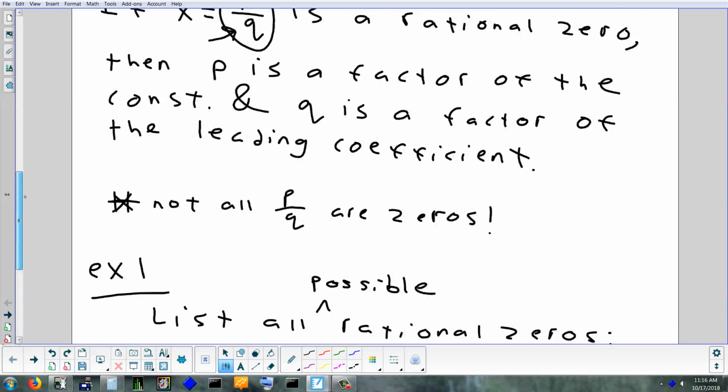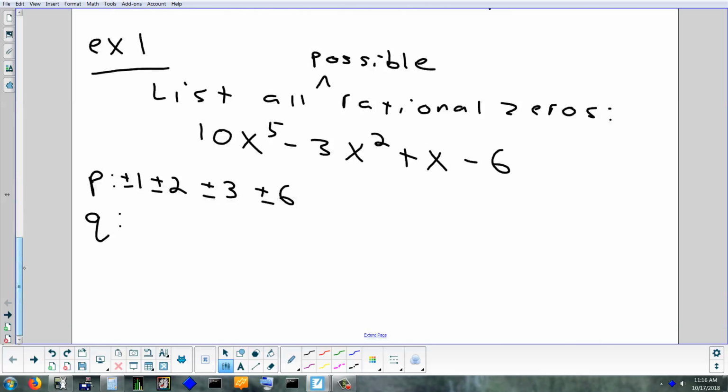Q is a factor of the leading coefficient, so 10. What are all the numbers that divide into 10? Those are my factors. 1 and 10, 2 and 5, positive and negative. Yep. So positive or negative 1, 2, 5, 10. I just put them in numerical order, but that's not critical.